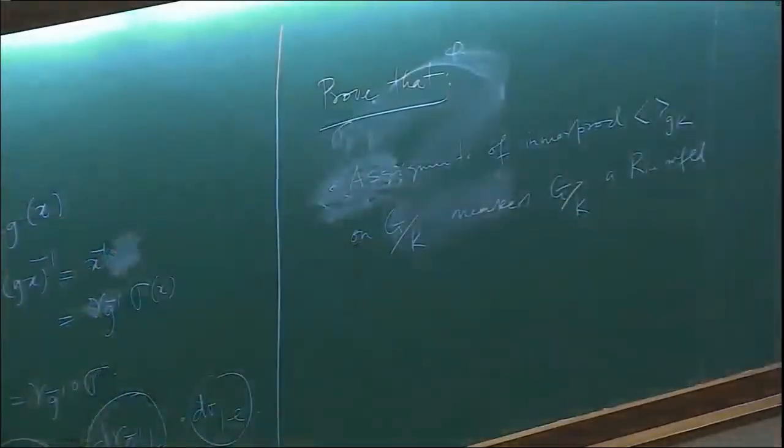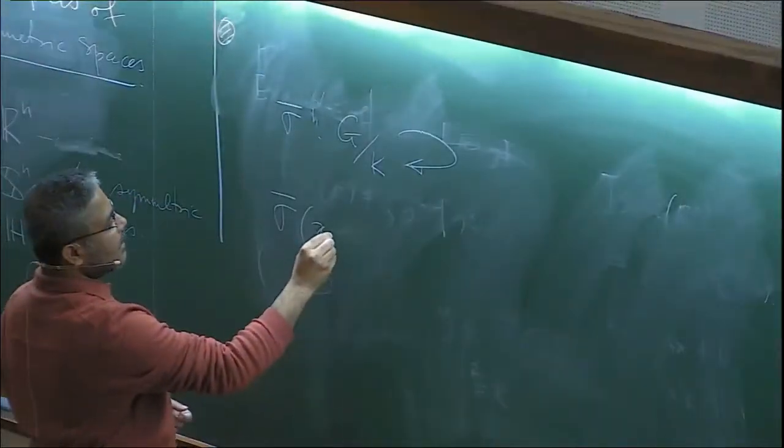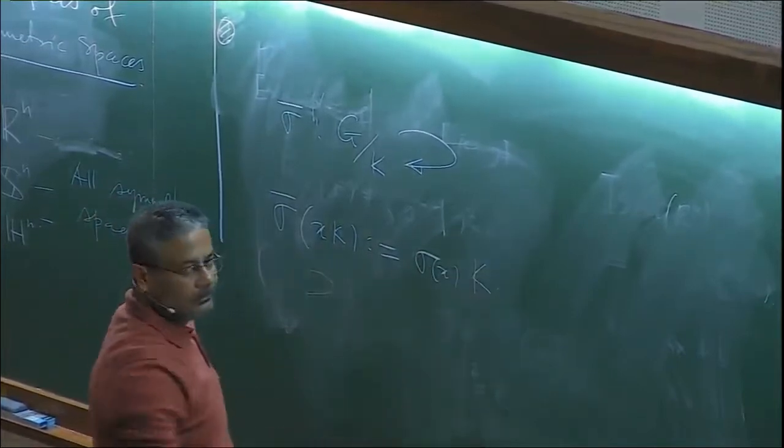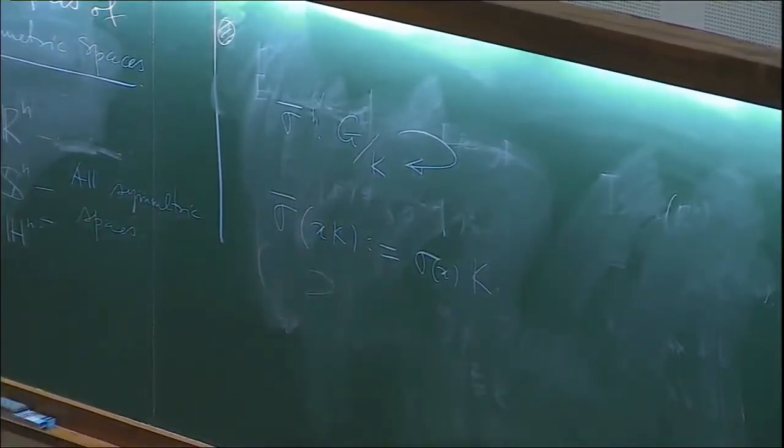Now what is a symmetry? The symmetry is going to be given by this sigma that I started with. So I define now a map from G mod K to G mod K, given by sigma bar of xK is defined to be sigma of x K. These are the obvious guesses that one would make.